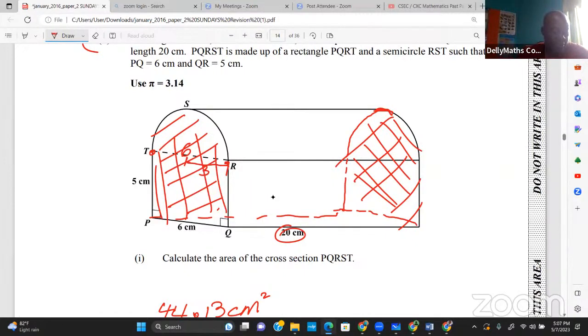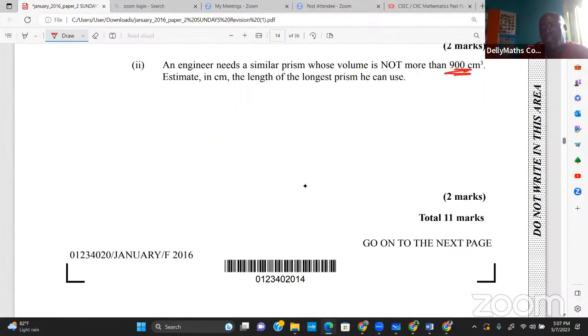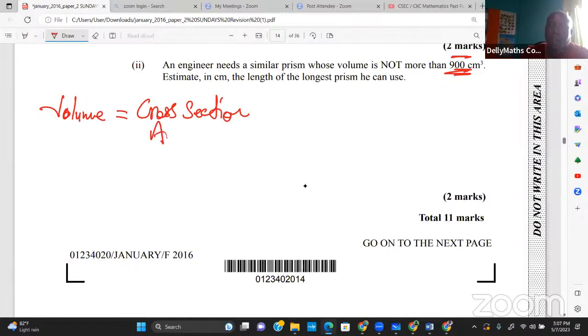Now, they are not asking us to find the volume of this. They are giving us a specific instruction. Watch. They're saying that they want a volume that is no more than 900. And then they're saying, if it is going to be 900, how long it should be. Understand that volume is equal to cross section area times length or height, depending on the orientation.